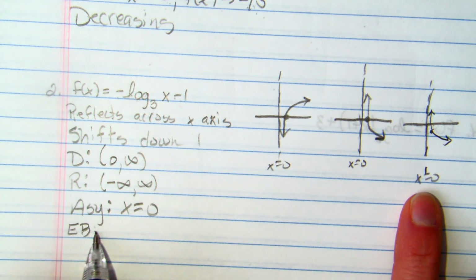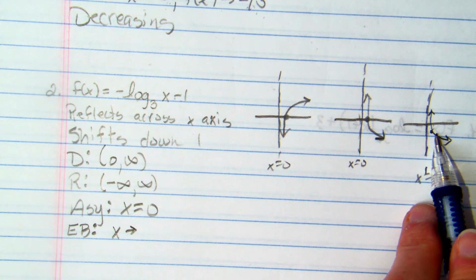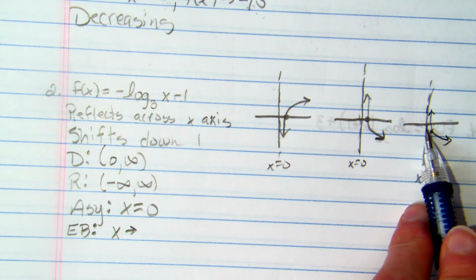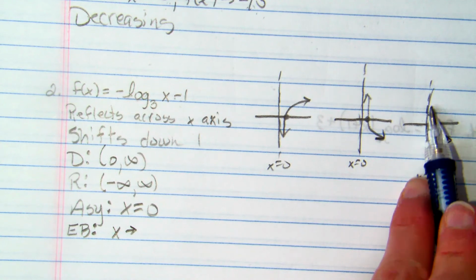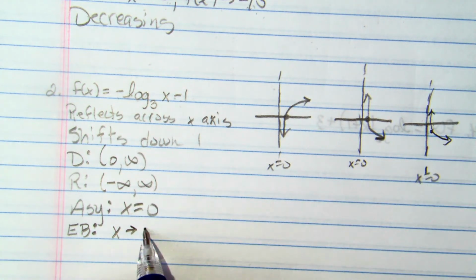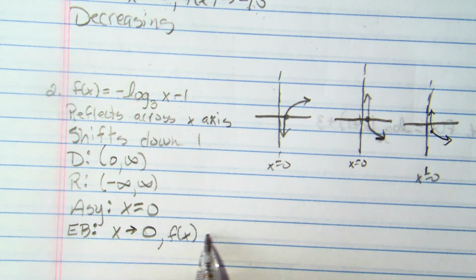My end behavior, as x approaches as far left as I can get. Well, when I come over here and jump on my graph, I can't go past x equals 0. So as x approaches 0, what's the y doing? It's going up. So as x approaches 0, f of x approaches positive infinity. And I'm going the other way.